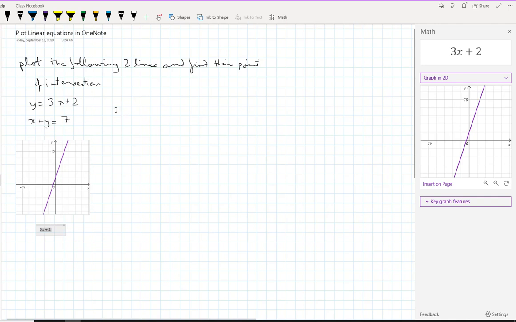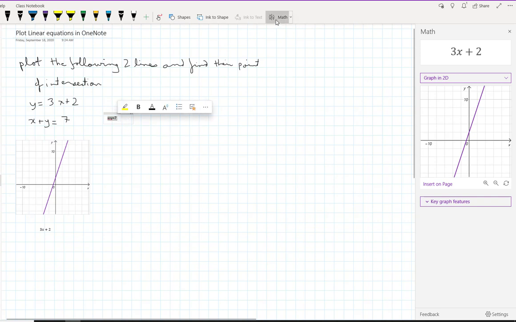Next, we're going to do x plus y equals 7. If you have it in a non-traditional form, you could either rewrite that as y equals 7 minus x, or OneNote will plot it just as is. Now you have to be careful with these capital letters. It doesn't read them the same way, and it does this automatic capitalization, which can probably be turned off.